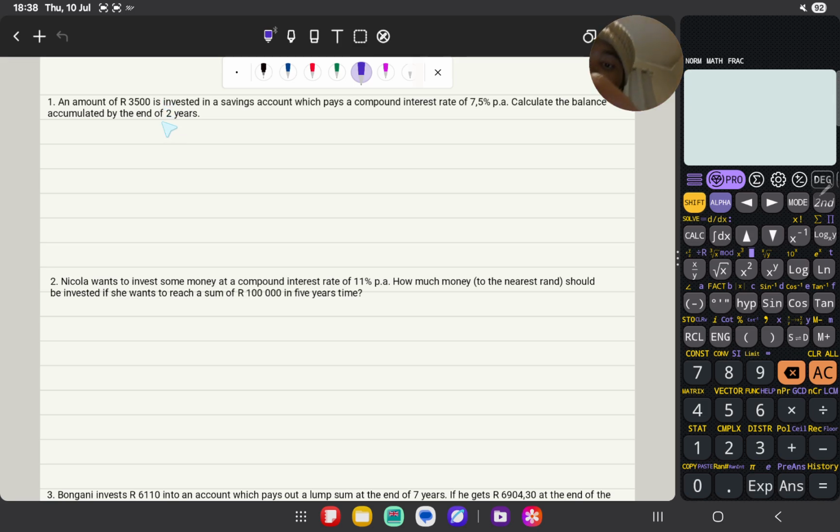So let's do it. You have, let's go, I think red is beautiful. A equals P(1 plus I)^n. Now we substitute principal amount 3,500, 1 plus 0.075 to the power of 2.